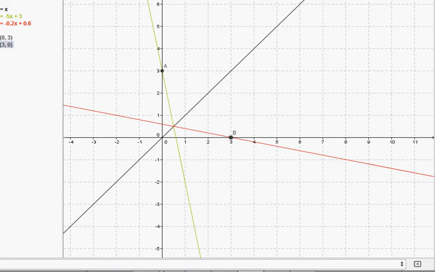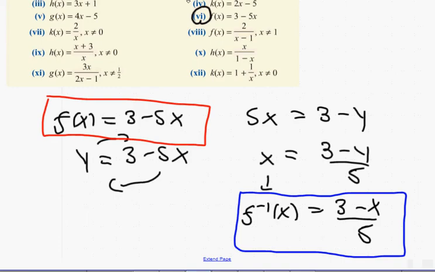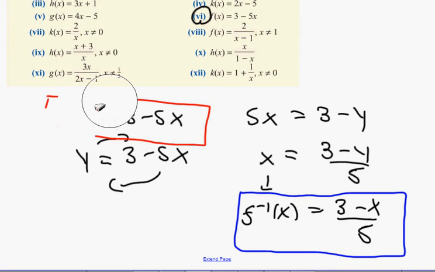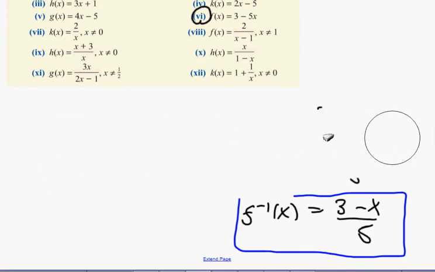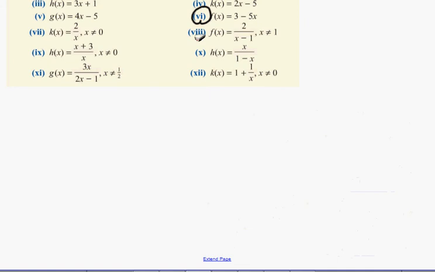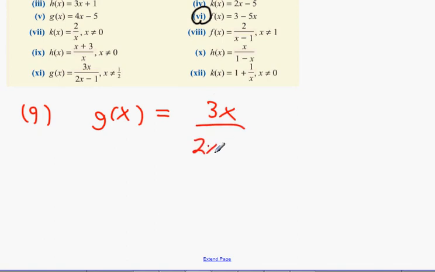Okay. Now, let's try something with a bit more character. Let's try number 9. In number 9, g of x equals 3x over (2x minus 1).